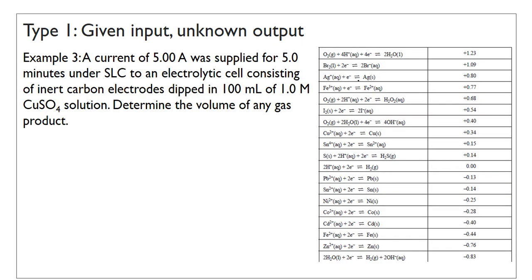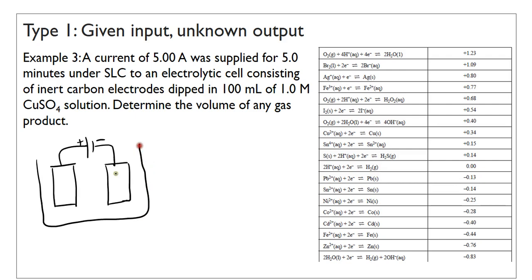But I'm just gonna reformat this so I can fit the electrochemical series in. So you can draw the diagram out, but I don't think it's actually that necessary. So this is positive and that's negative, but I'm just going to draw it out for you. And then this is deep in a solution. So the electrodes are both inert, so they're not going to do anything.